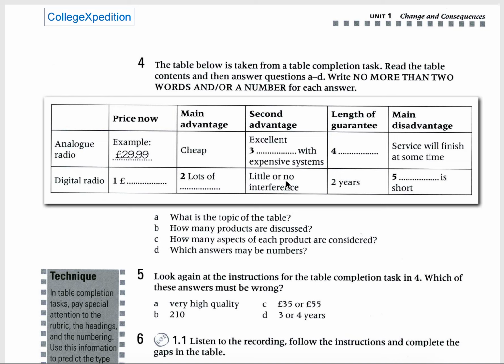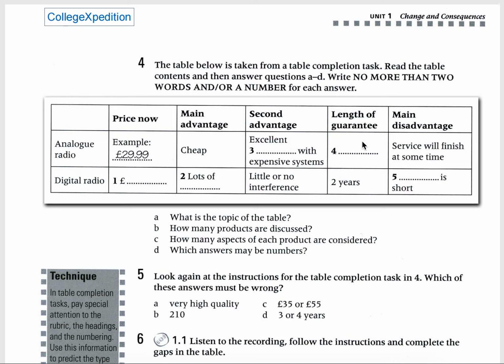So when you listen to the audio, when it talks about the digital radio, second advantage, you're expecting something that is the opposite of this one. So excellent what? Excellent is an adjective, and after an adjective is a noun. So that's number 3, you're expecting a noun.